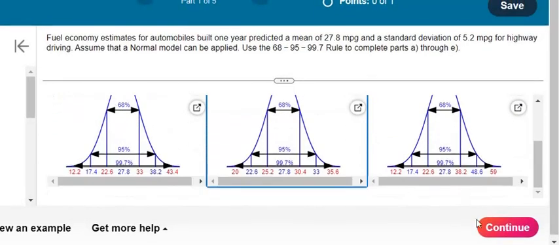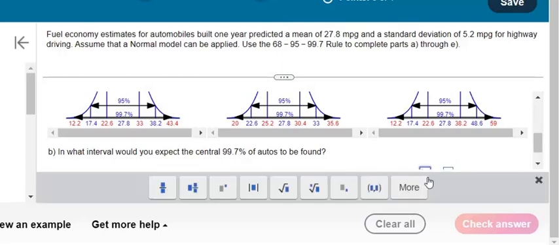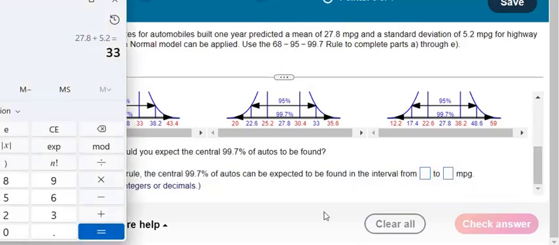That's part A. I'll continue. In what interval would you expect the central 99.7% of automobiles to be found? Okay, so we need to take away 3 standard deviations for the lower bound and add 3 standard deviations for the upper bound. So 27.8, I'm going to take away 1 standard deviation, 2 standard deviations, 3 standard deviations.